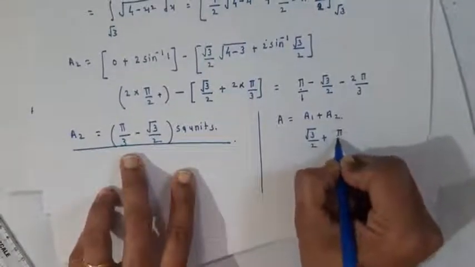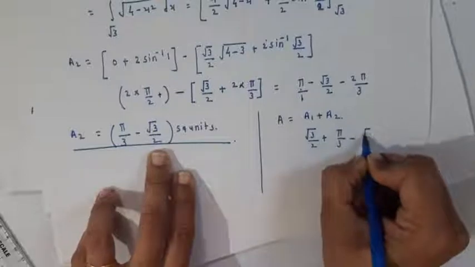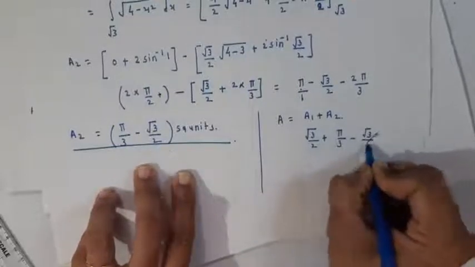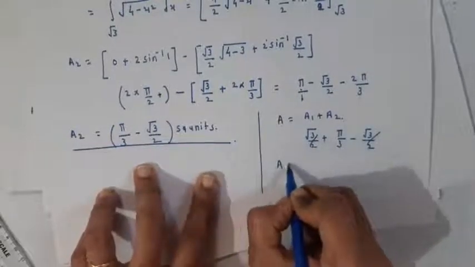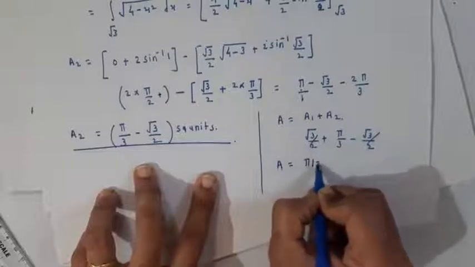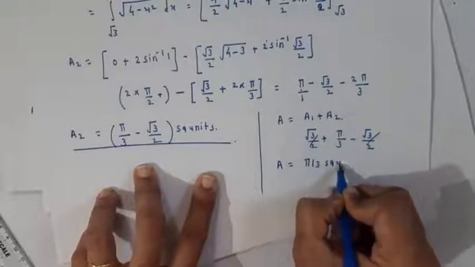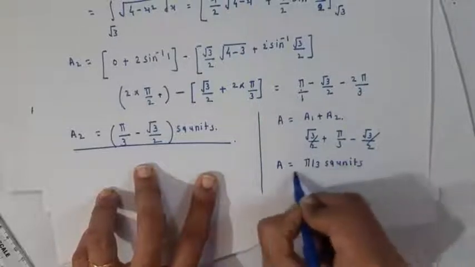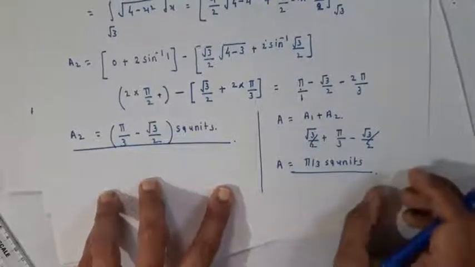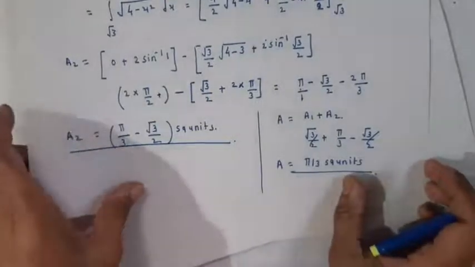Okay. And area A2 equal to pi by 3 minus root 3 by 2. The root 3 by 2 terms get cancelled, and the total area A equal to pi by 3 square units. In this way we have to find out the area. Okay.